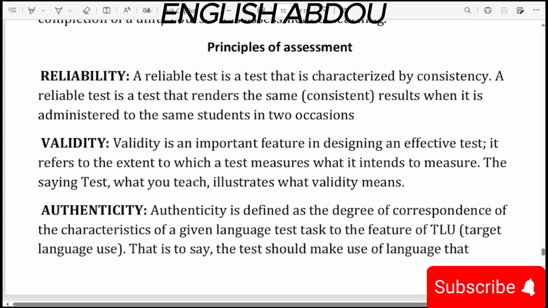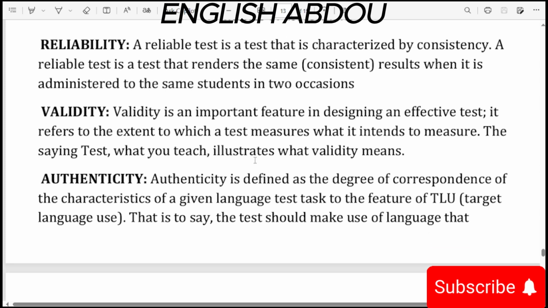It should not be biased. The content should be effective. So validity is an important feature in designing an effective test. It refers to the extent to which a test measures what it intends to measure. For example, if a teacher does not explain something in the class, it should not be in the exam.